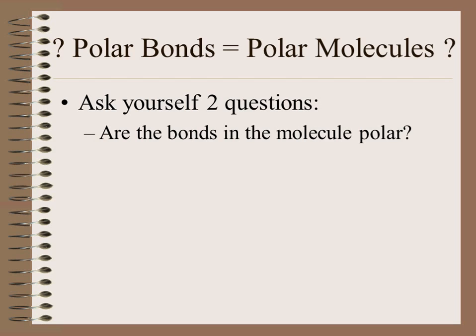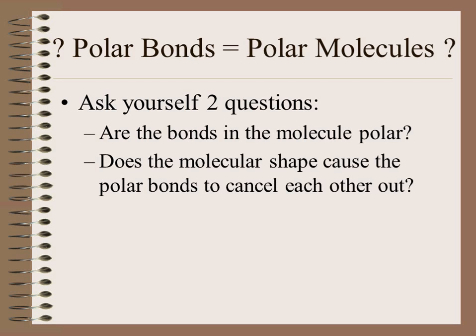But once you get past that question, if, yes, you do have polar bonds, then you need to look at the molecular shape. And you need to look at the orientation of those polarities and the polar bonds. And does the geometry of the entire molecule arrange those polarities such that they would cancel each other out? So you almost have to think in terms of vector quantities and would they balance out.